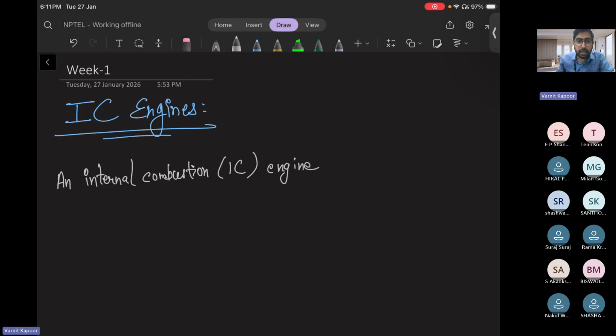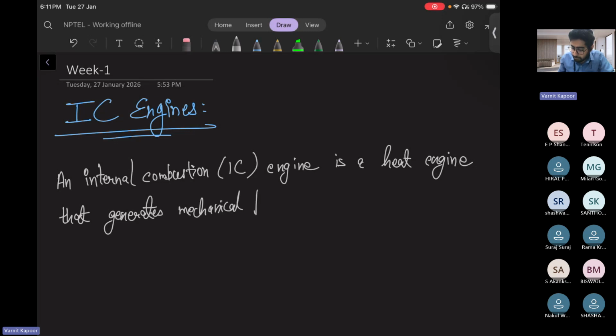An IC engine is a heat engine that generates mechanical power by burning the fuel, which can be gasoline or diesel.